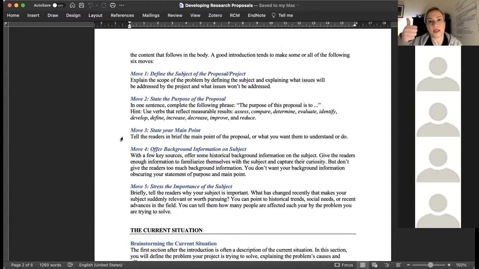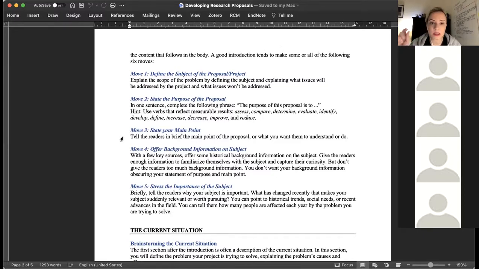Number 1, define the subject of the proposal or project and explain the scope of the problem. So what is the problem? What issues will be addressed by the project, and what issues won't be addressed by the project, which is important to recognize our limitations.